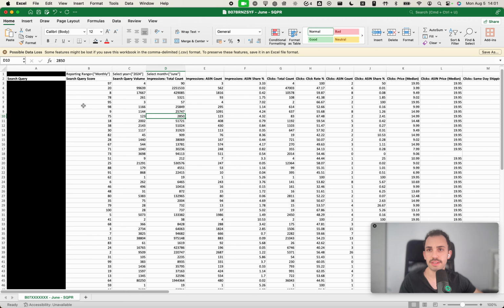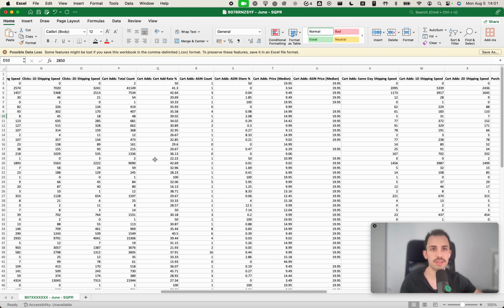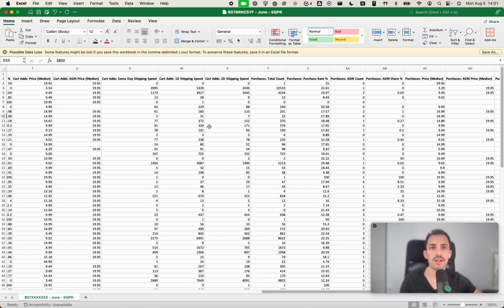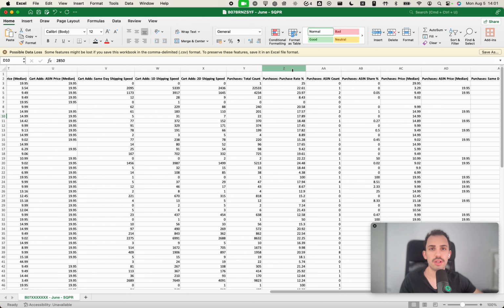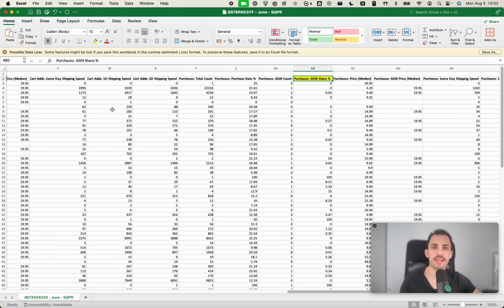But what you want to get from this report and what you want to basically track is, even though you can track everything, and I will be going into details in a separate video just to focus on the Search Query Performance report, we want to find out where is that one? Purchases, share, ASIN. So column AB, the column might change depending on your setup, but you want to get the ASIN share number for that specific keyword.